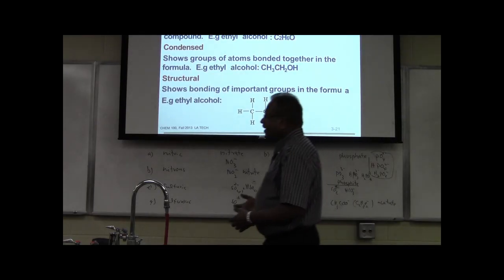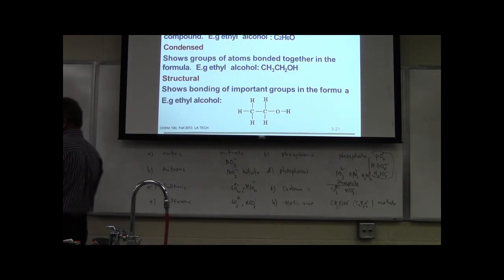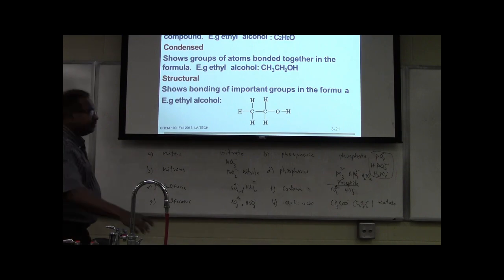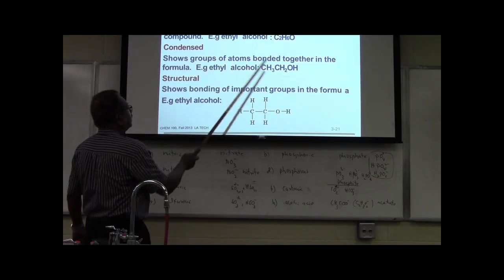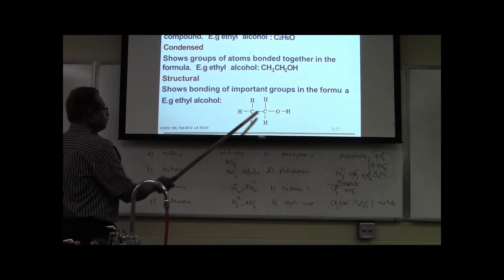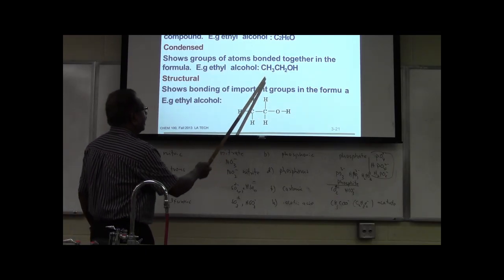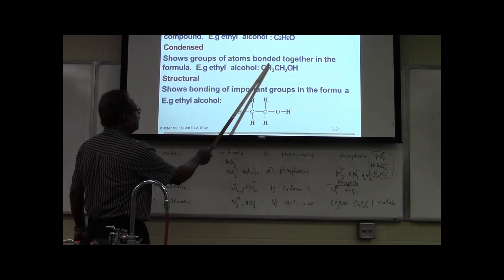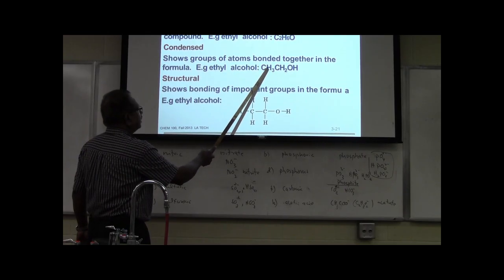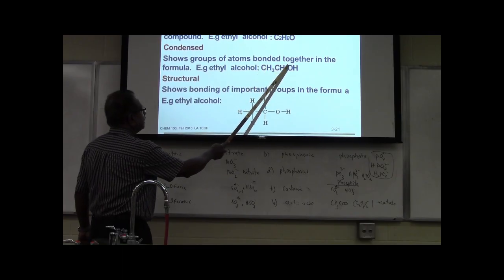We also can write that as a condensed formula, which shows connectivity of central atoms, carbon atoms, but not the hydrogen atoms, like that. All right? Structurally, that's the alcohol. This one, expanded. It's very easy to expand this. Put 3 hydrogens on here, 2 hydrogens. Backbone is carbon, carbon, oxygen.